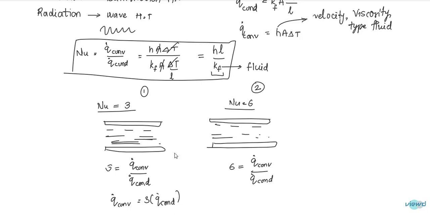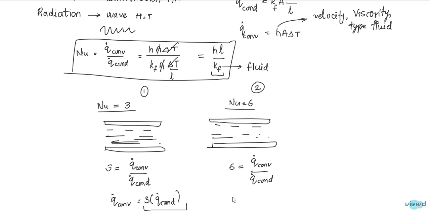If the fluid is stationary, there is Q conduction. If the fluid has motion, then there is 3 times Q conduction. That means 3 times the heat transfer of when the fluid was static or stationary will be Q convection.